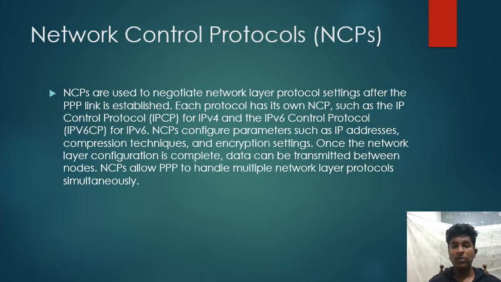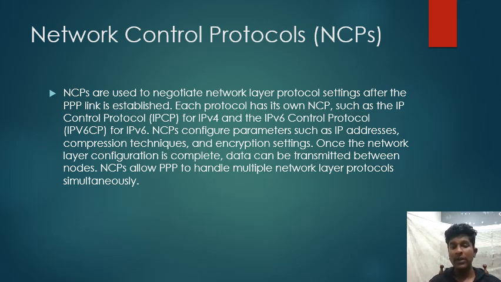Network Control Protocols (NCPs). NCPs are used to negotiate network layer protocol settings after the PPP link is established. Each protocol has its own NCP, such as IP Control Protocol (IPCP) for IPv4 and IPv6 Control Protocol, IPv6CP, for IPv6.